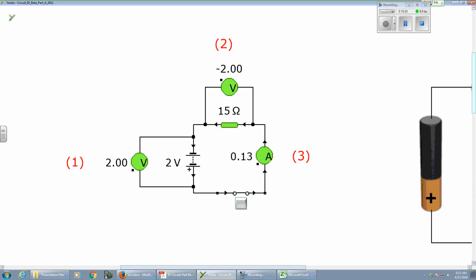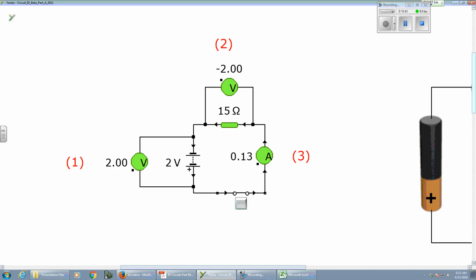How many places do the electrons that are moving around the circuit have to lose energy? Anywhere else besides the resistor? No, because the switch is just wires. We're going to assume that they don't use any energy. So only the resistor.